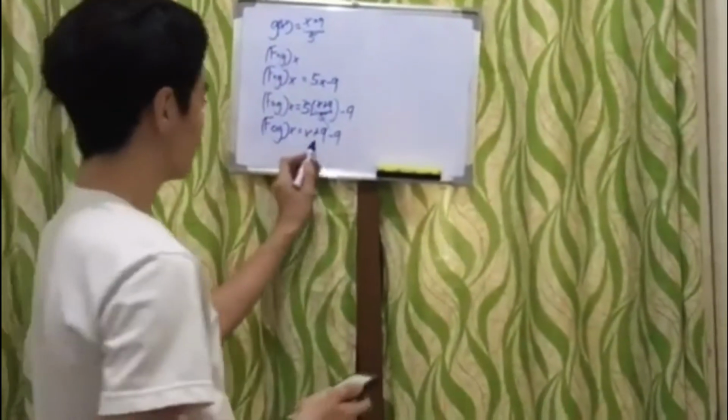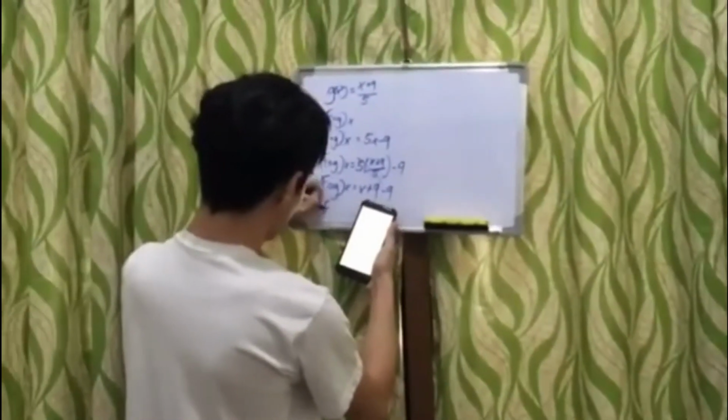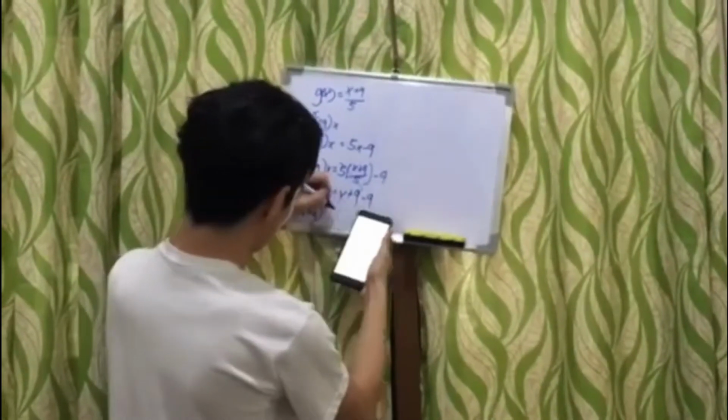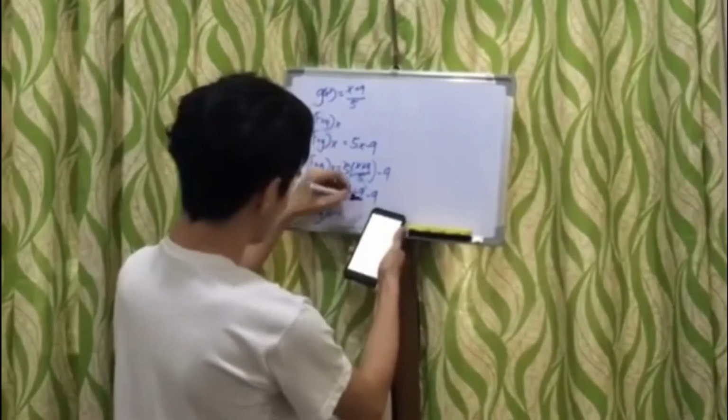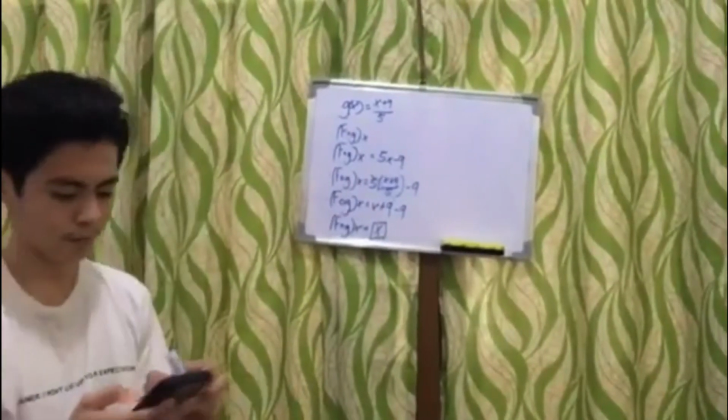Then solve positive 9 and negative 9, which is 0. f circle g of x equals x. And here's our answer, x.